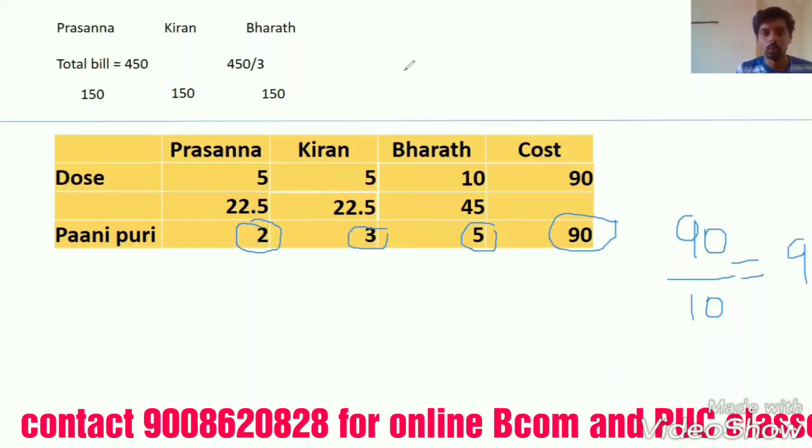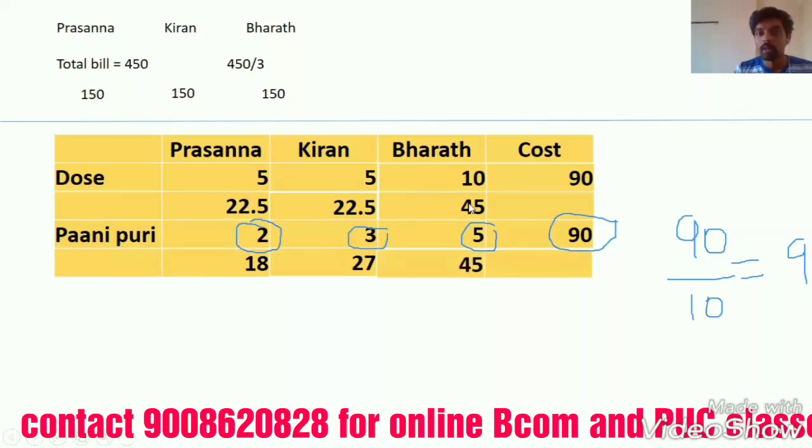Since I had 2 puris, my cost will be 18 rupees. Kiran had 3 puris, so 3 into 9 is 27. Bharat had 5 puris, so 5 into 9 is 45.